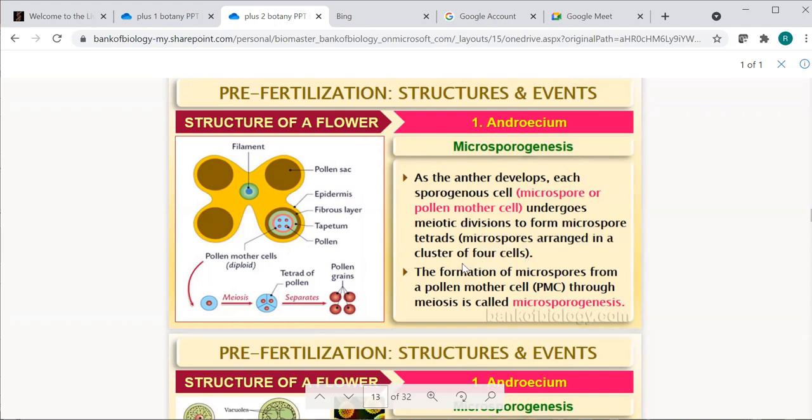Microspores are arranged in a cluster of 4 cells. The formation of microspores from a pollen mother cell through meiosis is called microsporogenesis.